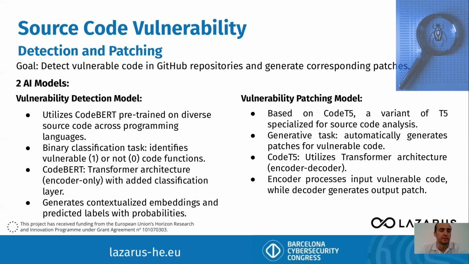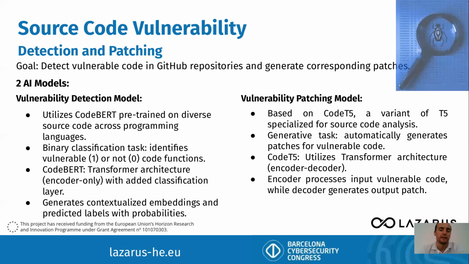The first step of this module is usually to detect the vulnerability. Currently it supports the JavaScript source code language, but new languages are added as we progress through the project. It uses different transformer architecture baseline solutions that are fine-tuned to the project and to the language.